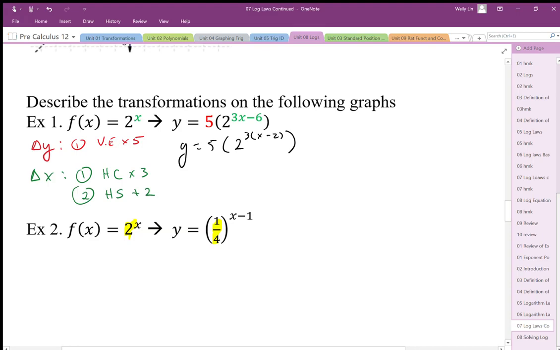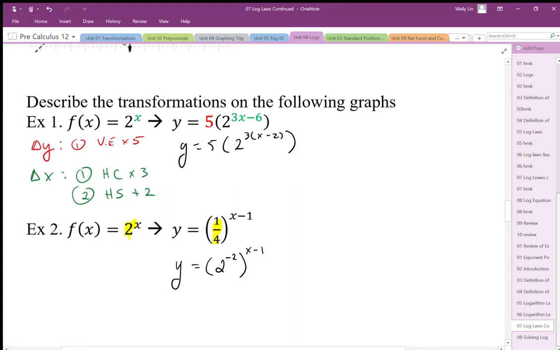I can't have different bases and describe a transformation, because I don't know what a base change is unless I can somehow relate the bases to each other. In this case, base 2 and base 1/4 are in fact related bases, and I can rewrite 1/4 as 2 to the negative 2 power.